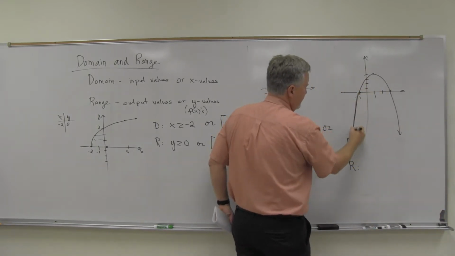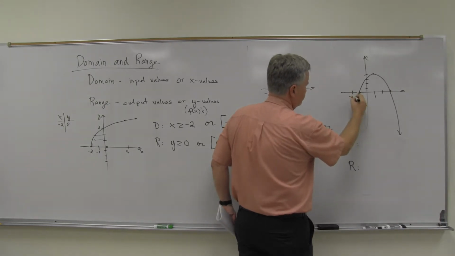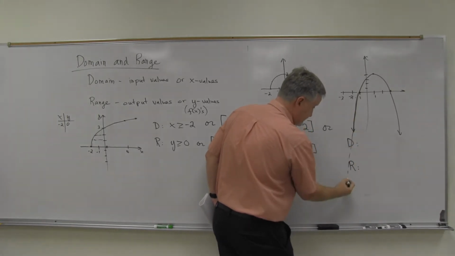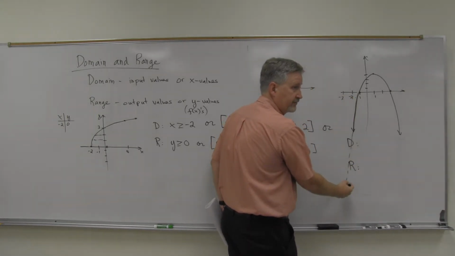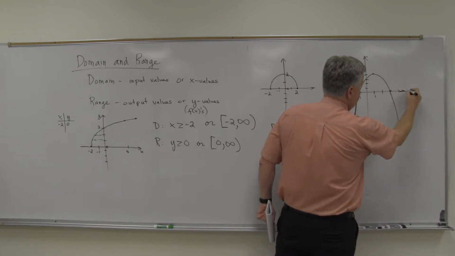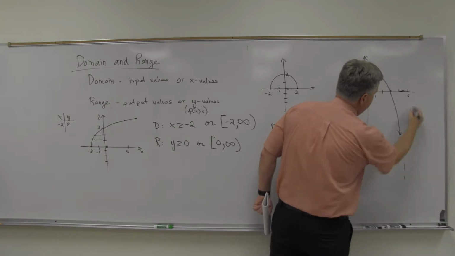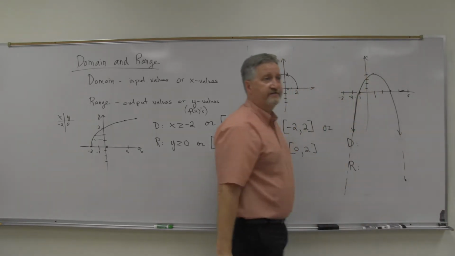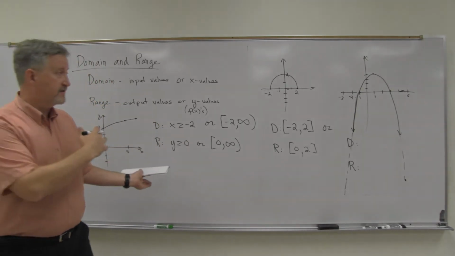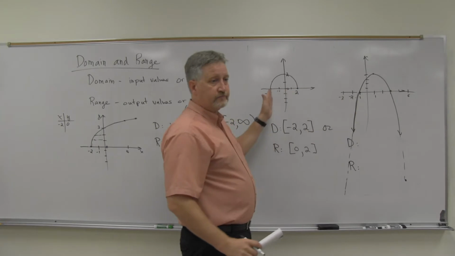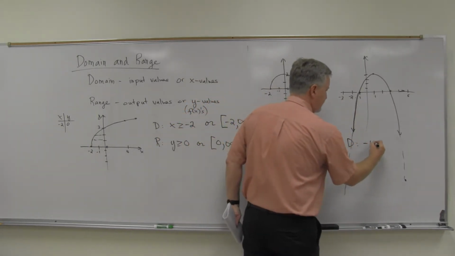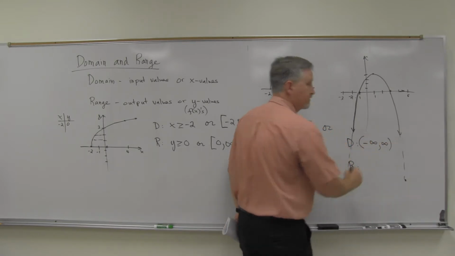It looks like -2 is kind of where it goes off, but there is a -3 value because if you continue that graph on down, there is a -3 point for x. Same thing over here, there's a +4, this is where it goes off, but if we continue that graph out, there's going to be a point that goes with that +5, or 6, or 7, infinity. And then back this way too, right? Negative infinity, we haven't done one that goes this way, so that would be negative infinity to positive infinity as far as the domain goes.